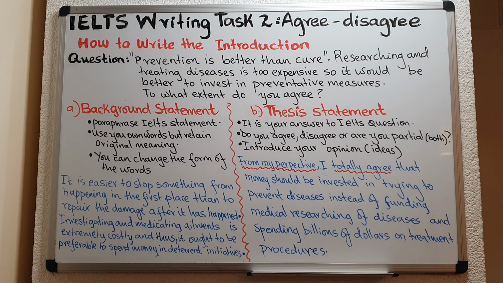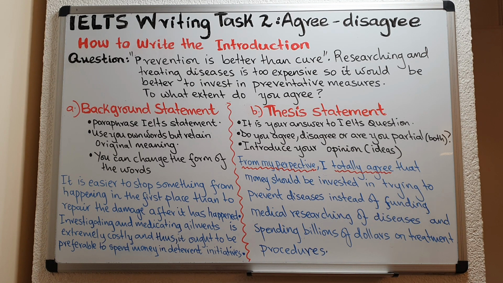Remember, don't make life difficult for yourself in the thesis statement when it comes to this sort of question. So simply agree or disagree. Begin your thesis statement with the words "from my perspective" or "in my opinion." And then after that, use the words "I totally agree" or "I totally disagree."